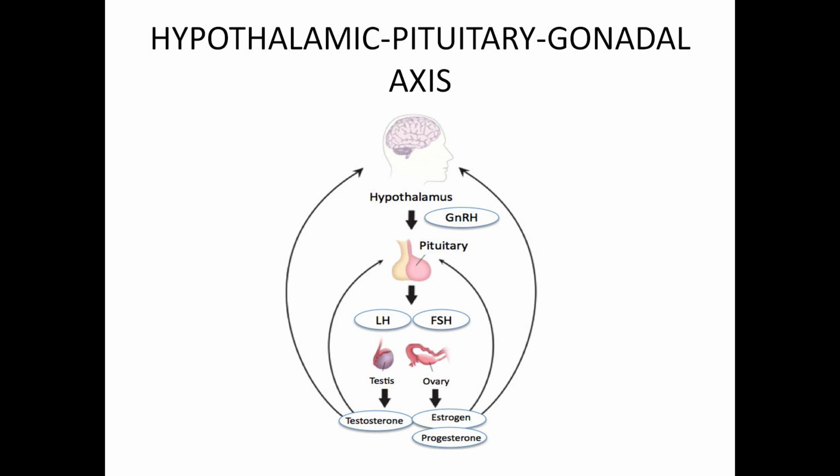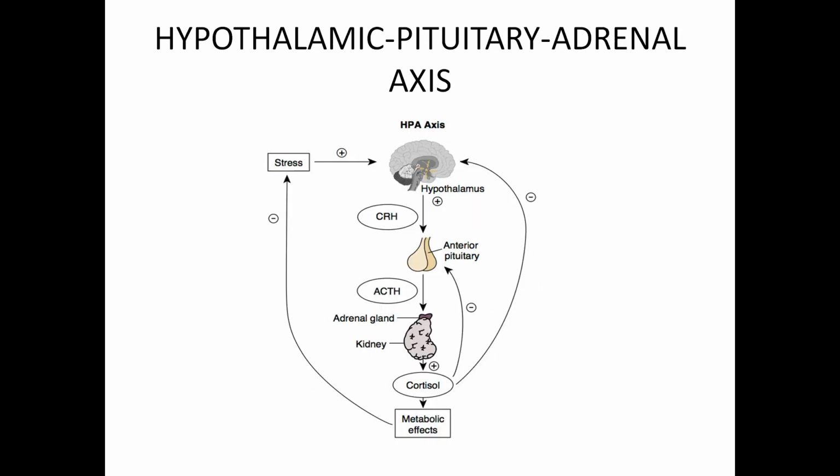Here you can see the hypothalamic pituitary adrenal axis. Here the signal from the hypothalamus comes via the corticotropin releasing hormone. Okay, then this corticotropin releasing hormone acts on the pituitary gland, and it activates the corticotroph cells present in the anterior pituitary. Then the corticotroph cells secrete the adrenocorticotropic hormone.